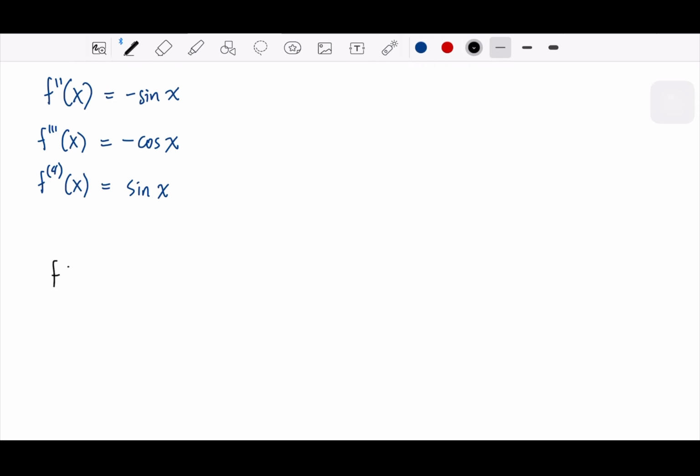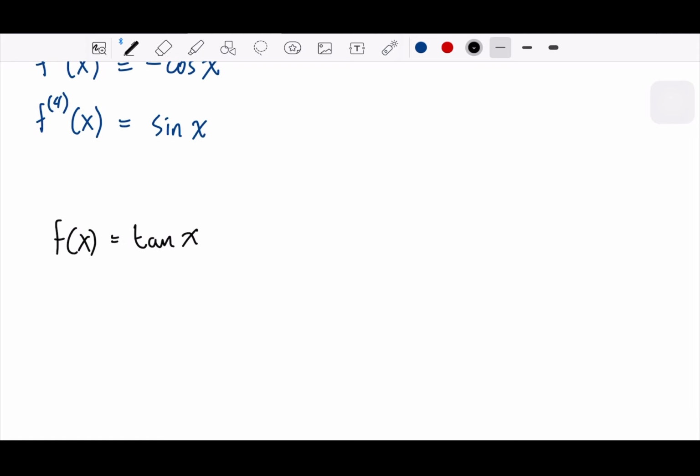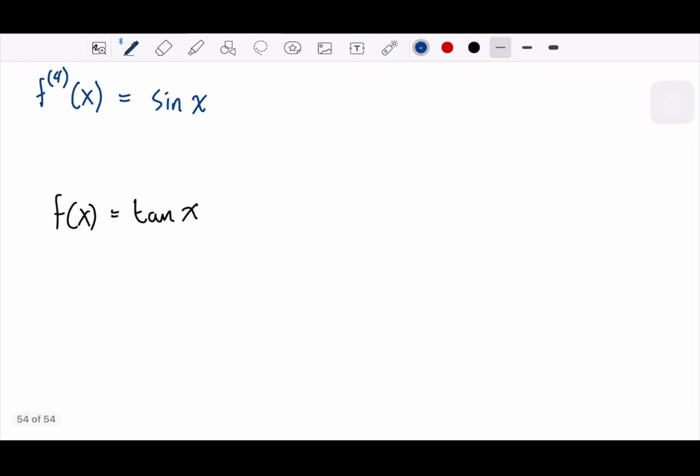To start, we can think of tangent as sine over cosine. So tangent x equals sine x over cosine x.